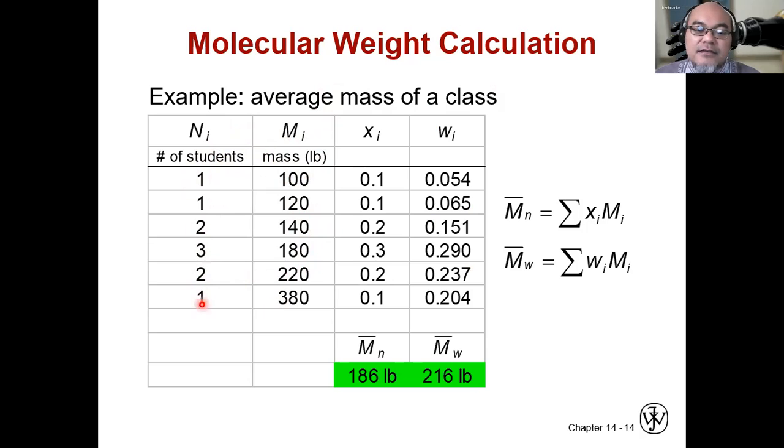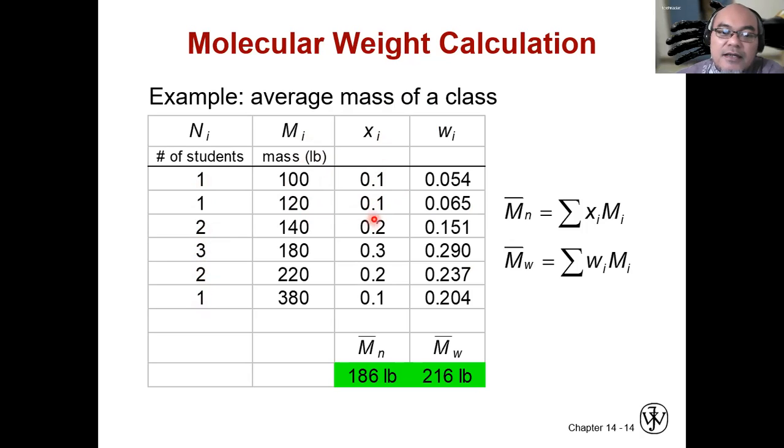So we list the number of students that have a particular mass, and xi here is the fraction of all the students. The total is 1 plus 1, 2, plus 2, 4, plus 3, 7, plus 2, 9, plus 1, 10. So the fraction of students that have 100 pounds of mass is 0.1.